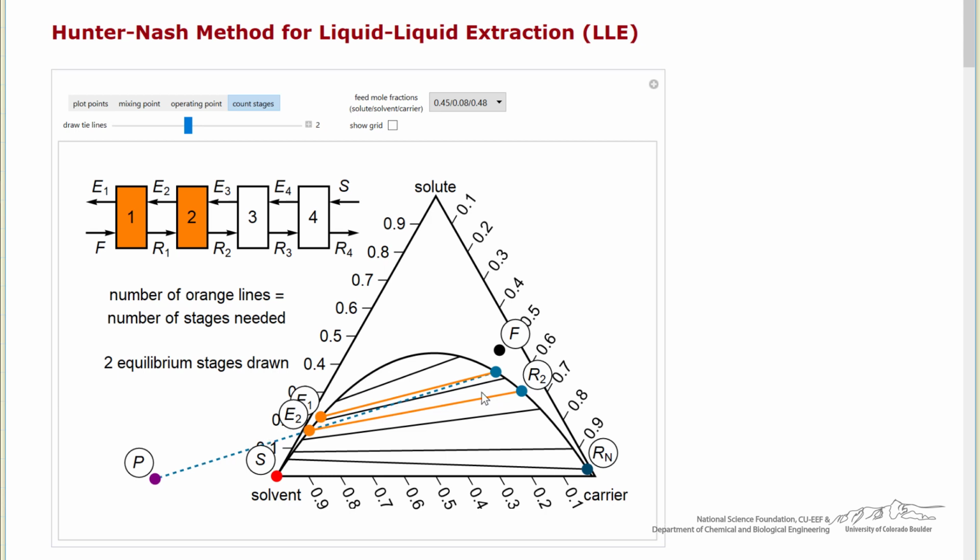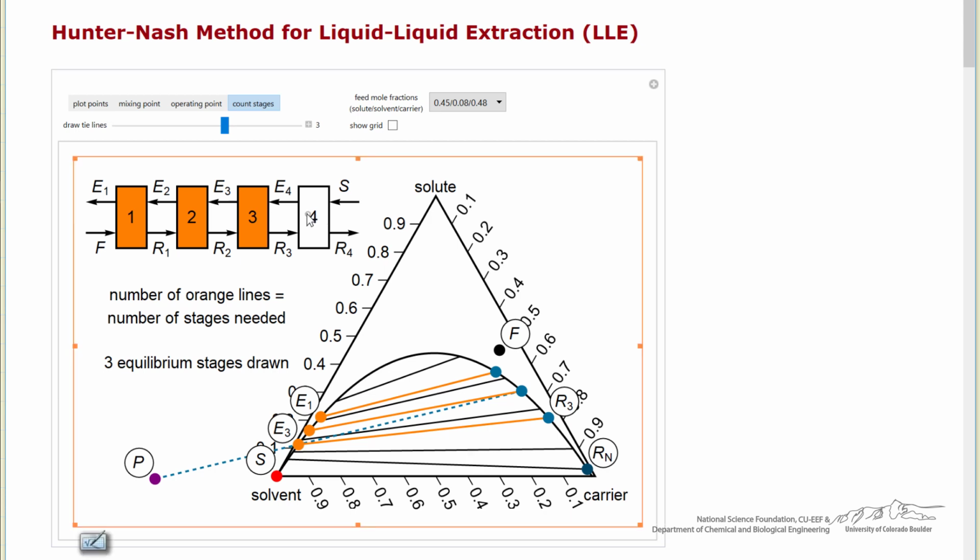So it goes through R1 and E2, and the operating point, all 3 of those points are on the same line. So we have E2. So now we can, again, do the next step. We have to have an equilibrium, and we continue to step through using the operating point and equilibrium for each stage.